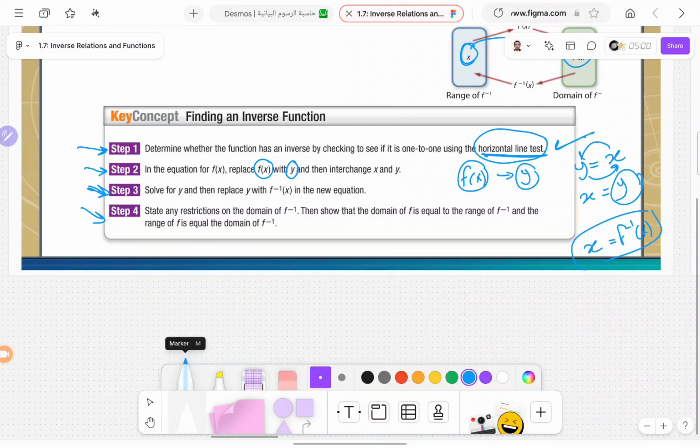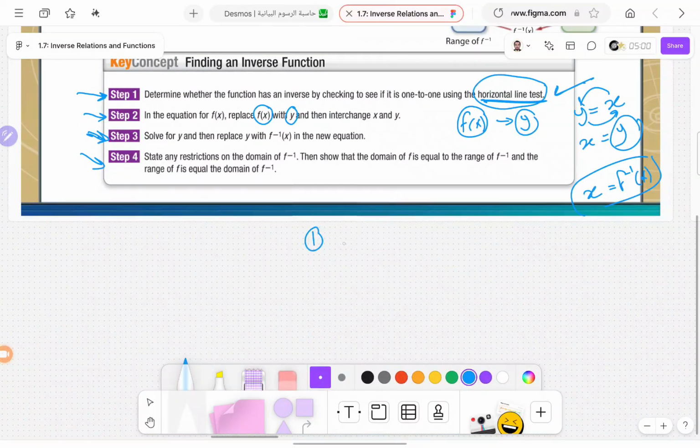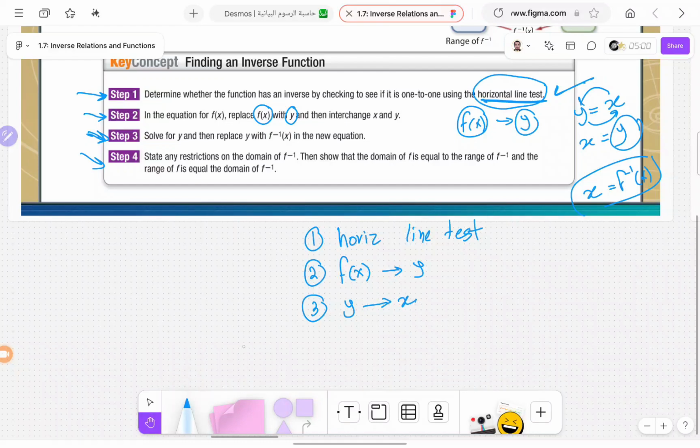Okay, one more time, let's do it together. First, the horizontal line test. If it passes, go to step 2, find the inverse. How do you find the inverse? First, switch f of x and write y. Step 3, change between y and x, so write every x as y and every y as x.